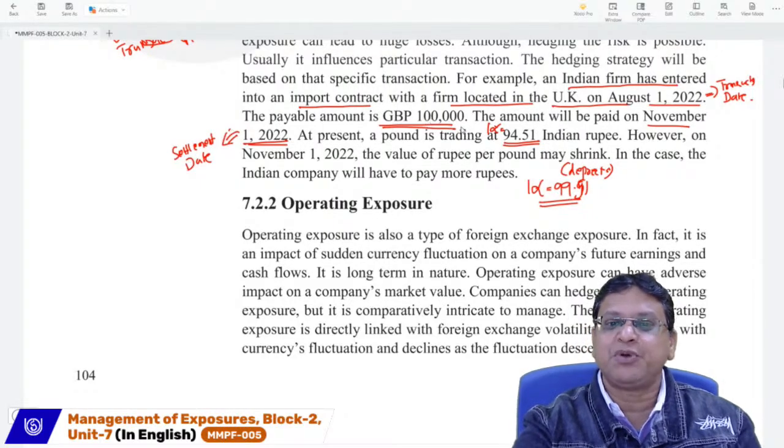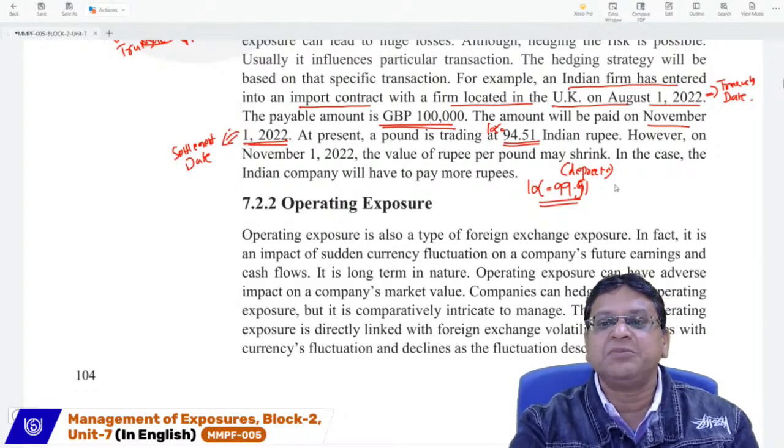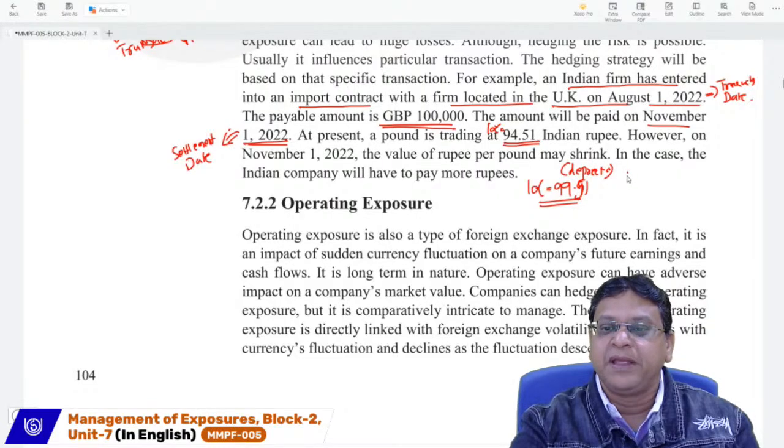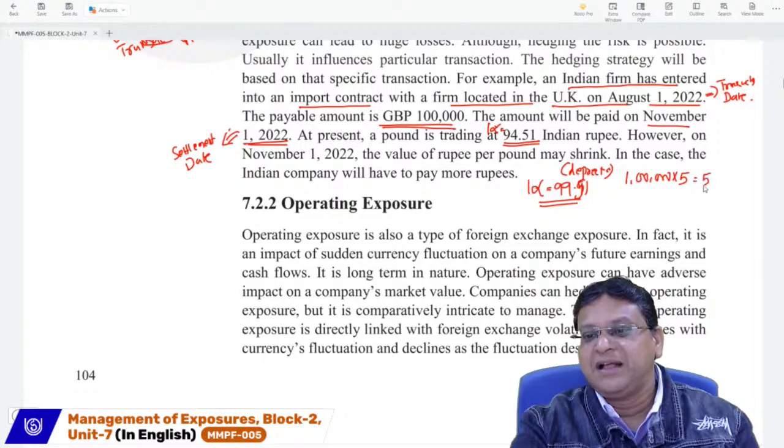And the transaction is for 1 lakh pounds. So how much extra do you have to pay? The importer has to pay 1 lakh into 5, which is 5 lakh rupees extra. And this 5 lakh rupees extra is known as transaction risk.